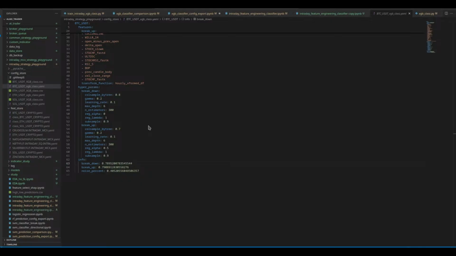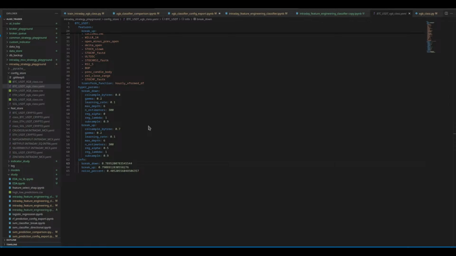And if it'll allow me to go to the confusion matrix, in both cases I am seeing over 80% accuracy, but more importantly, my recall is strong, around 69%, which means I'm correctly capturing most of the real breakout and breakdown events.